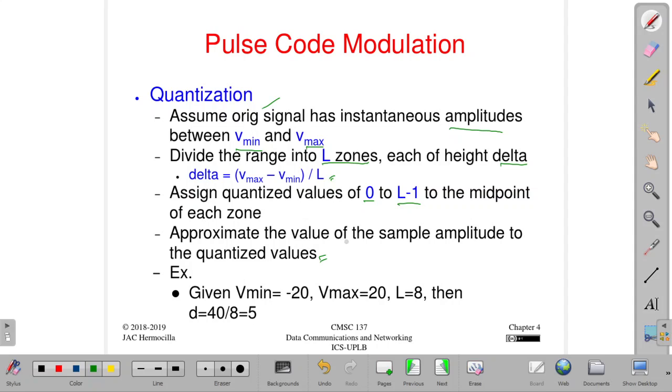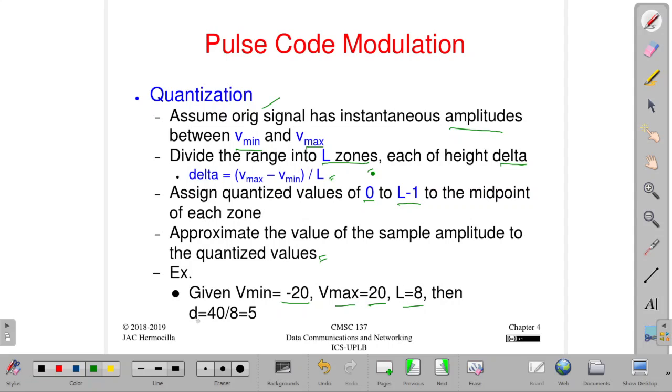So let's see how this works. We are given, let's say, a minimum voltage amplitude of -20 and a maximum voltage of 20, and we have a number of zones of 8 zones.